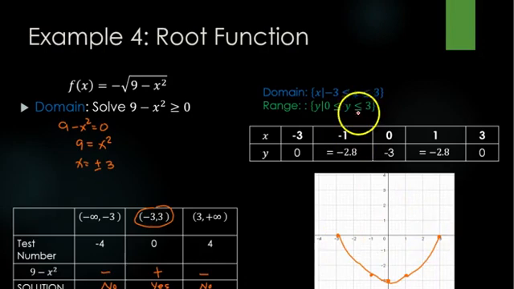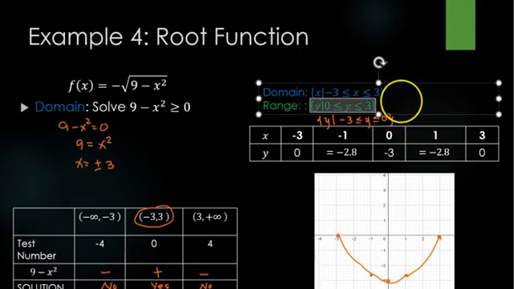If you look at the range, this should be from negative 3 to 0. So instead of positive 3 to 0, it's from negative 3 to 0 because of the negative before the radical.